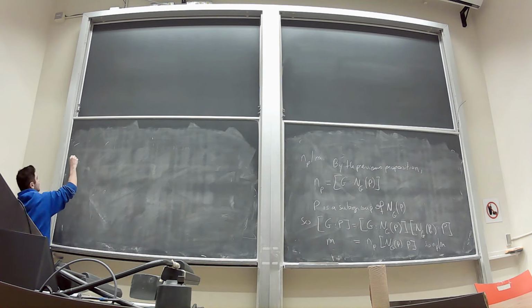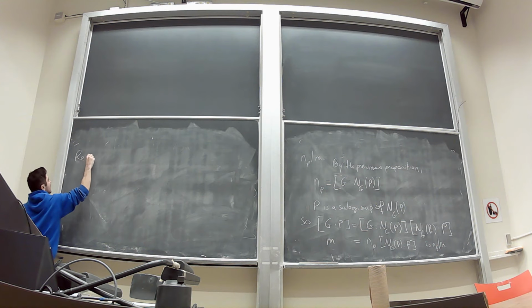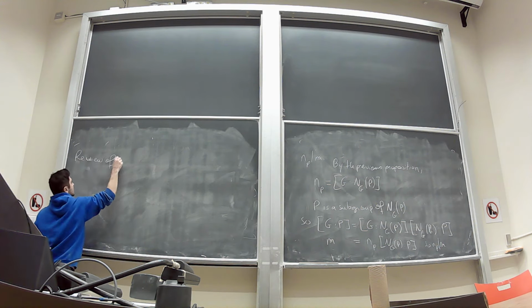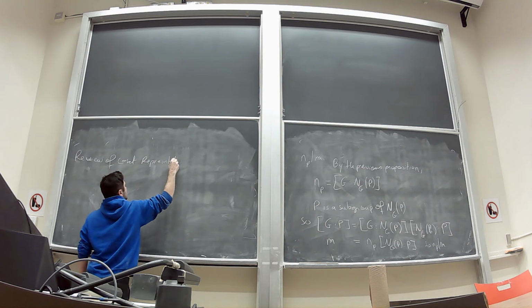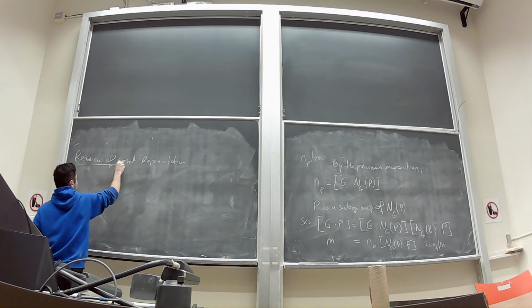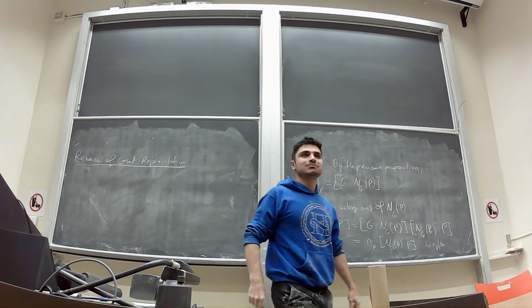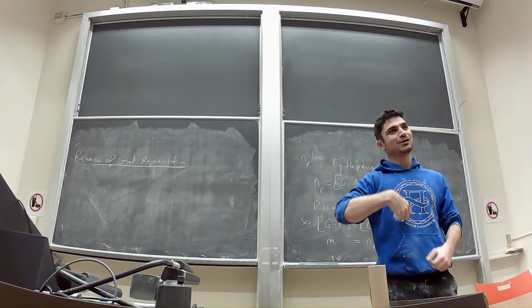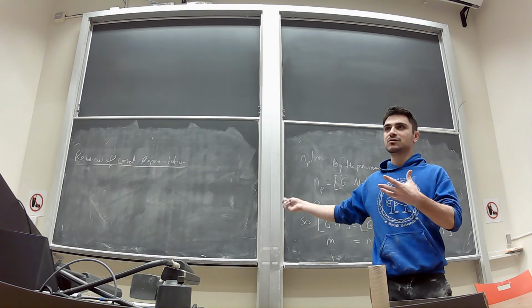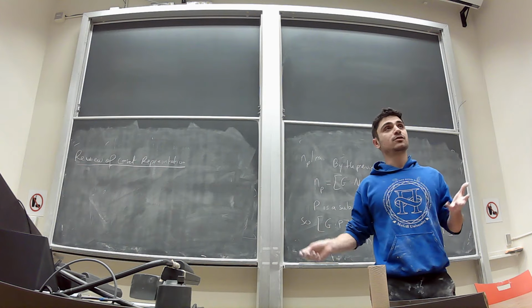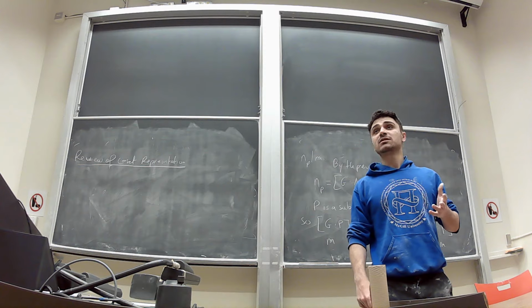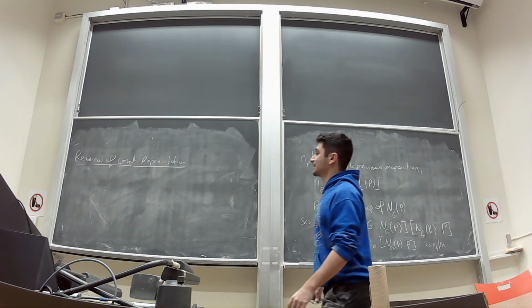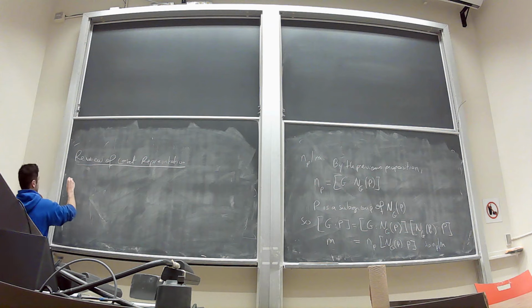So I'll state a theorem that you can use immediately. Do you prefer to use a theorem immediately or to rederive it every time? To use it immediately? Great. Okay, so let H be a finite index subgroup.